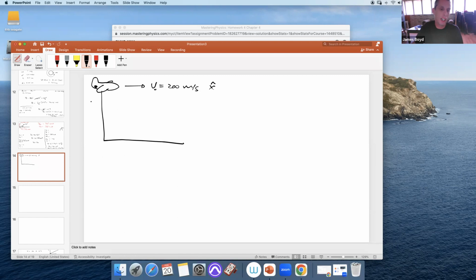And it's initially at a height, Y initial is 110 meters. And it's going to drop a package. That package is going to have the same initial velocity and the same initial height. And when it hits the ground, it's going to have a final height of 0 meters. That's what we mean by 110 meters above the ground. We mean that y final is 0.